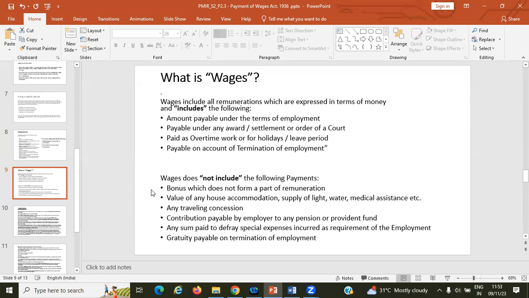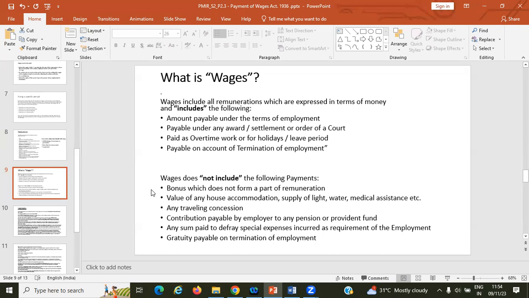That is also not wages. Contribution payable by the employer for any pension or provident fund, this we also discussed. If every month the company is depositing something for your pension or provident fund, that is not wages.